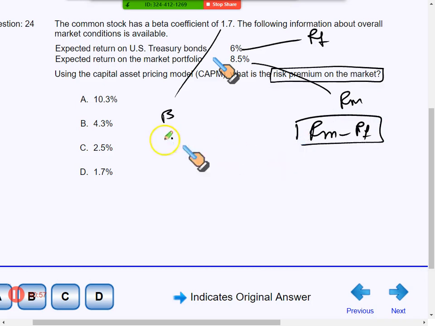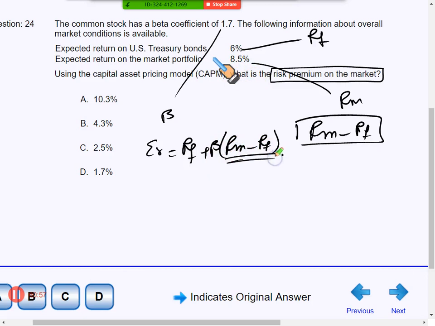So simply write the formula down. ER is equal to RF plus beta times return on the market minus risk-free rate. ER is given? No. Expected return on the market is given, 8.5. I don't think we need any calculation at all.